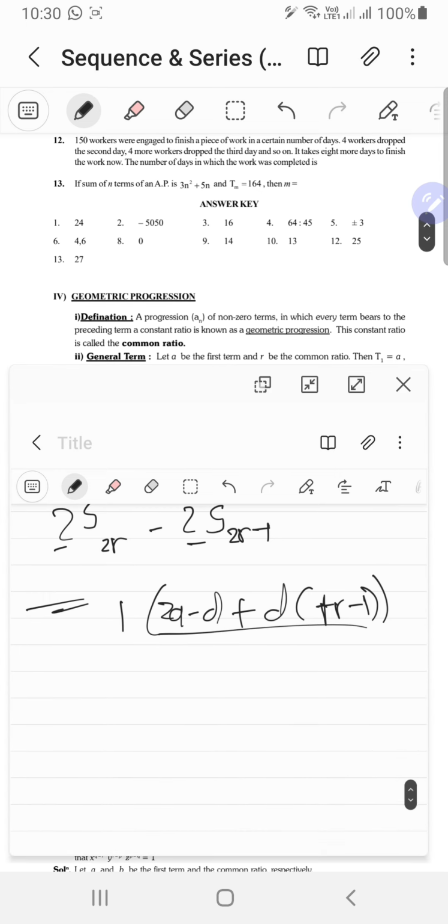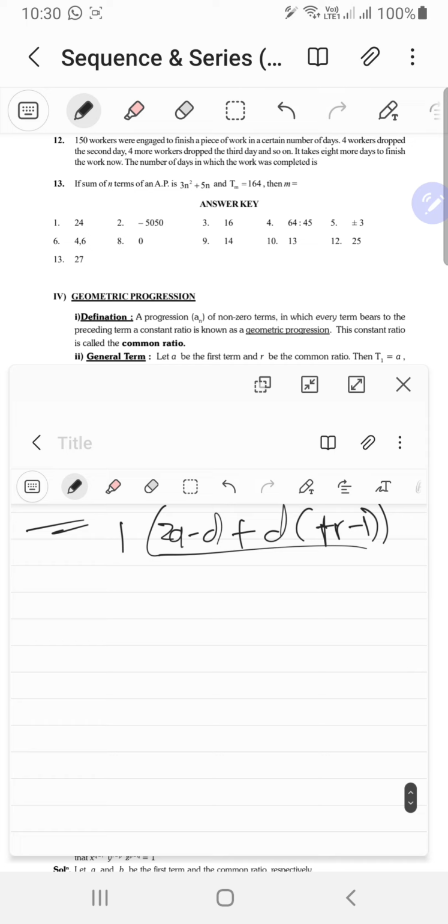150 workers were engaged to finish a piece of work in a certain number of days. 4 workers dropped the second day, 4 more workers dropped the third day, and so on. It takes 8 more days to finish the work now. Fine.